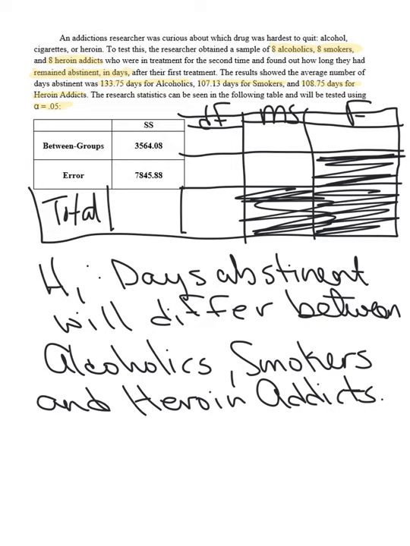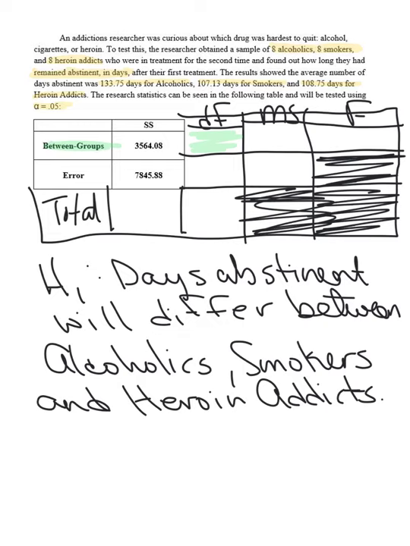And we're going to test this at alpha level 0.05. To be able to get our critical boundary, we need to get our degrees of freedom. If you remember, our degrees of freedom for between groups is k minus 1.